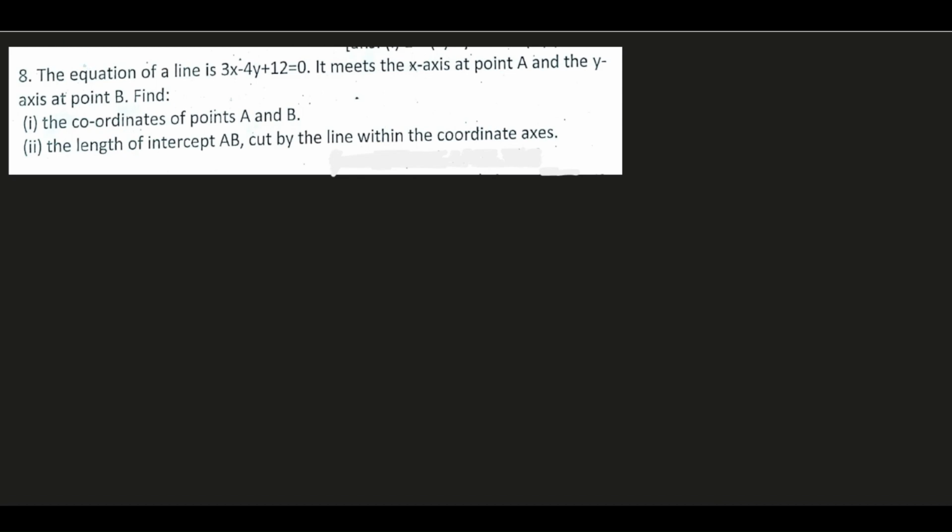So let's read the question first. The equation of a line is 3x minus 4y plus 12 equal to 0. It meets the x-axis at a point A and the y-axis at a point B. So we have to draw the figure here.